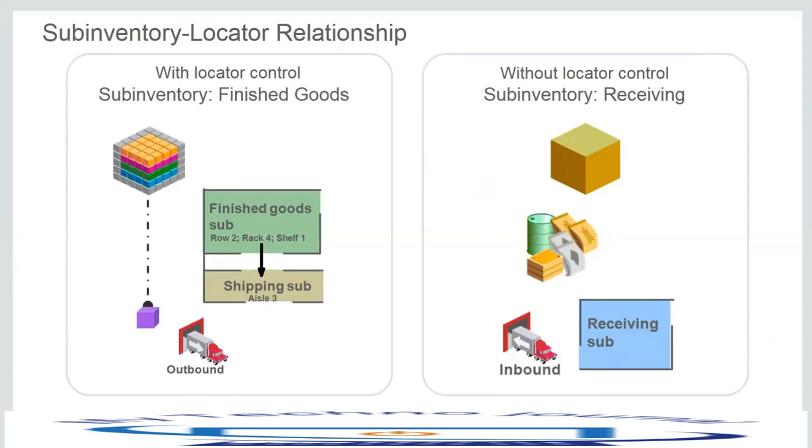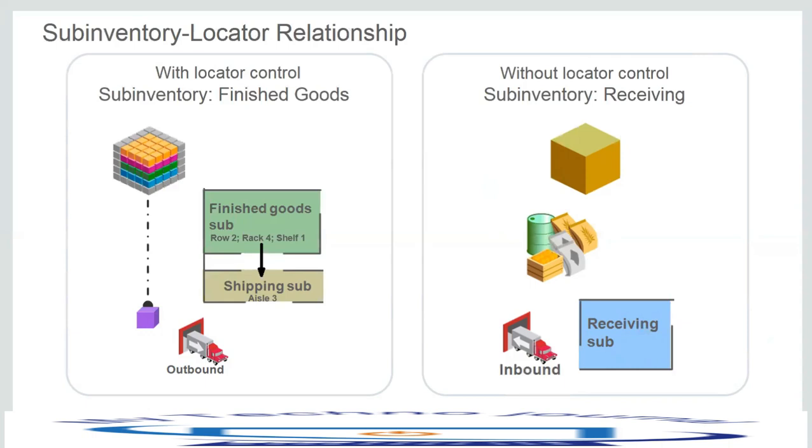Sub-inventory locator relationship. This diagram depicts the following types of sub-inventory locator relationship. First is with locator control, sub-inventory finished goods, and without locator control, that is sub-inventory receiving.